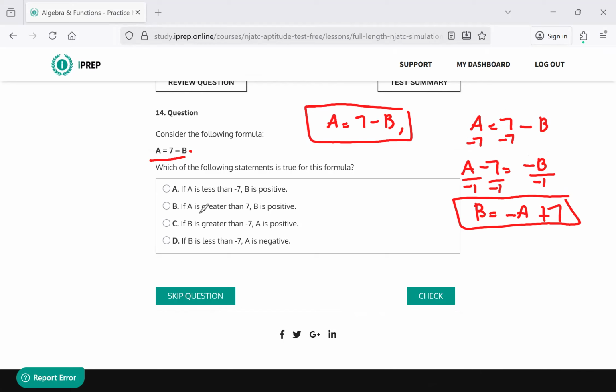Let's just plug in values. If a is less than negative 7, what's a number less than negative 7? You could do negative 8. Does that mean b is going to be positive? Let's see. If a is negative 8, then b equals negative a plus 7, so negative negative 8 plus 7, and a negative and a negative is a positive. 8 plus 7 is definitely positive.